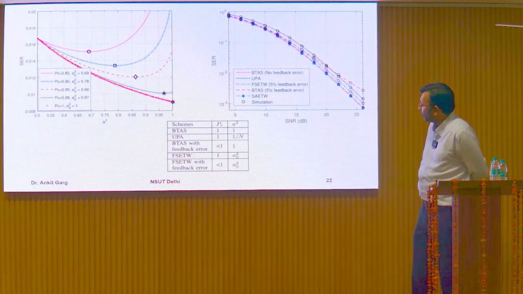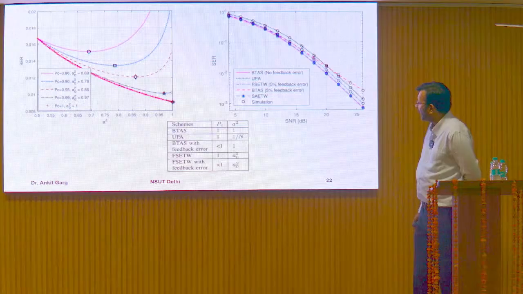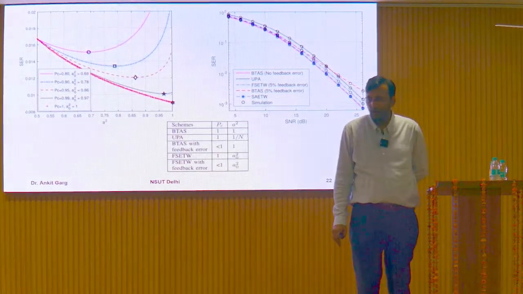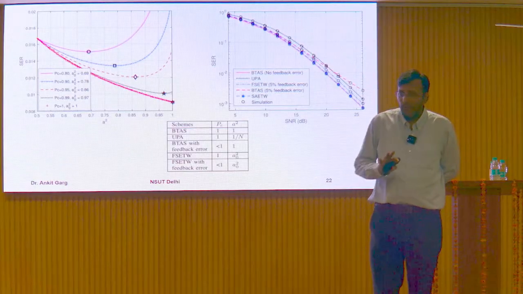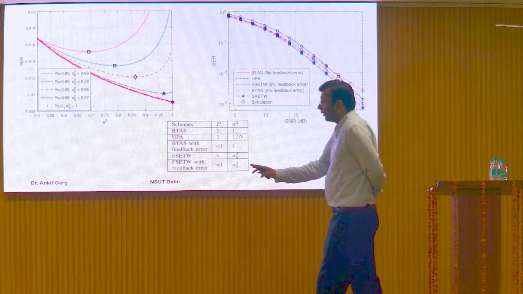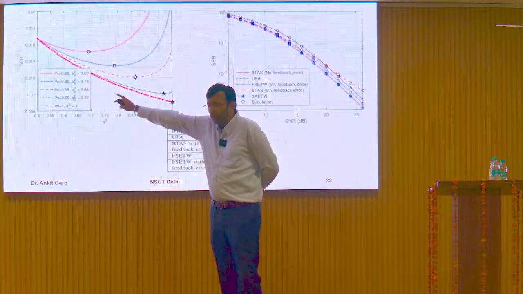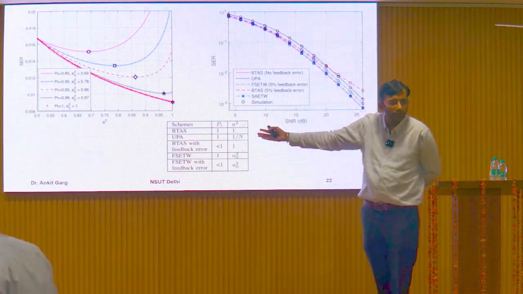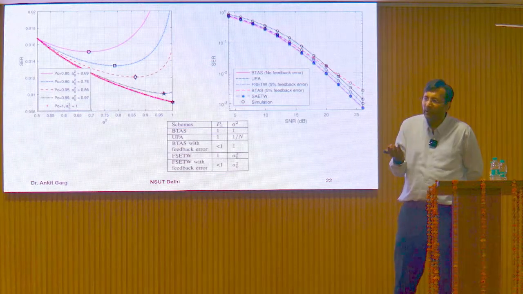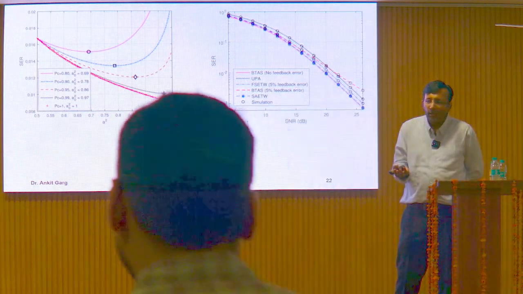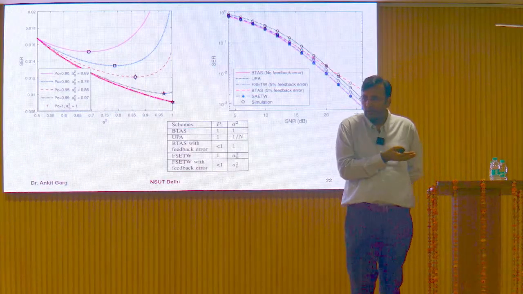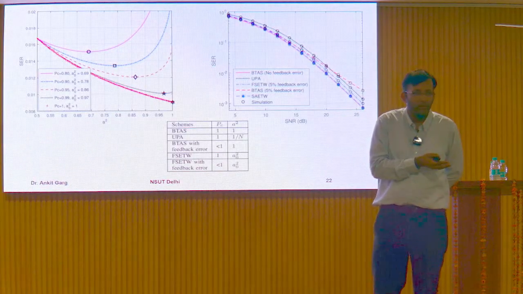Then the most interesting part of this work is SATW, SNR adaptive error tolerant weighing. What does it mean? I'm not going to manually set the value of A square. It's quite a tedious process to always find the value of this A square because I don't know what would be the value of PC, right? I don't know what would be the probability that we would get correct or incorrect feedback.